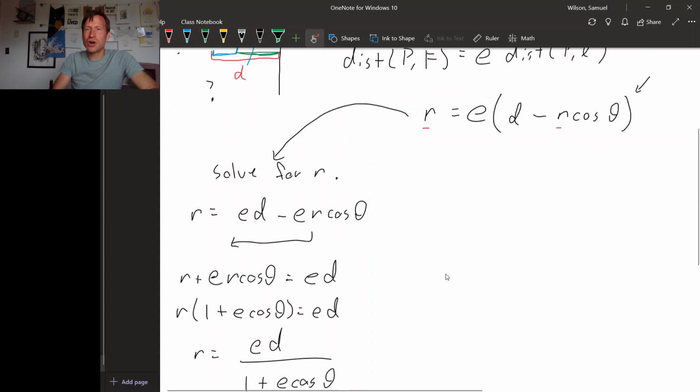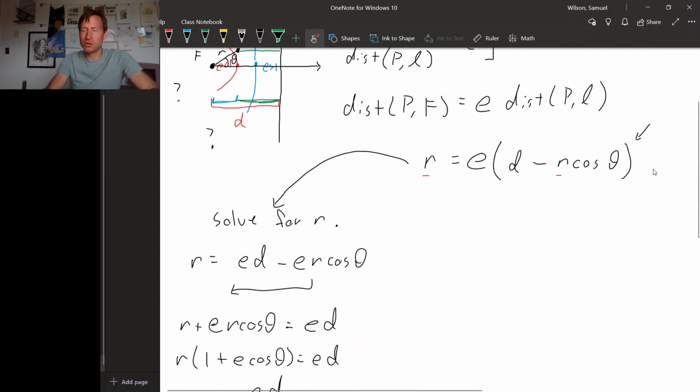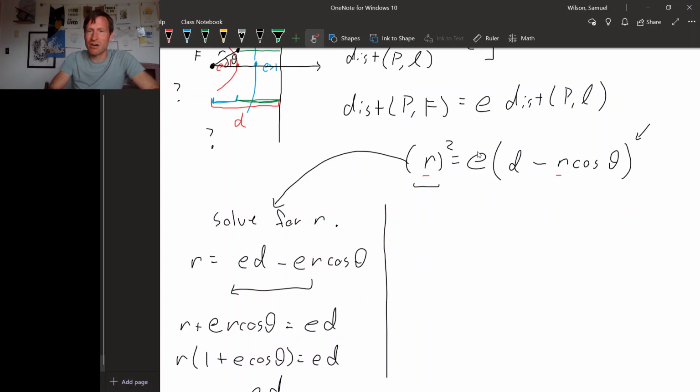Another way is to go back to our original polar equation and see if we can write this in rectangular coordinates. Well, we have this r by itself, and having r by itself is kind of inconvenient when you're switching to rectangular coordinates, but having an r squared is pretty convenient. So why don't we square both sides of this equation, just so that this r on the left becomes squared.